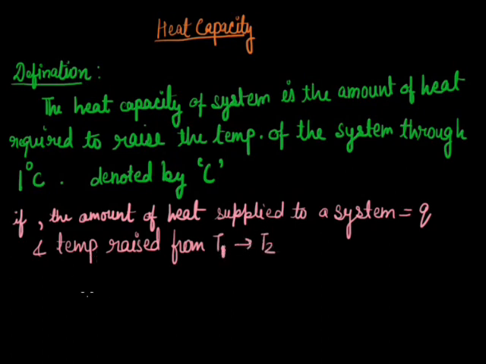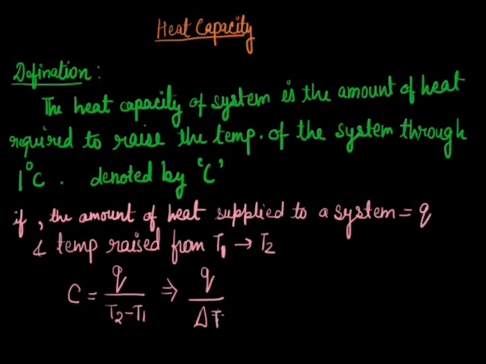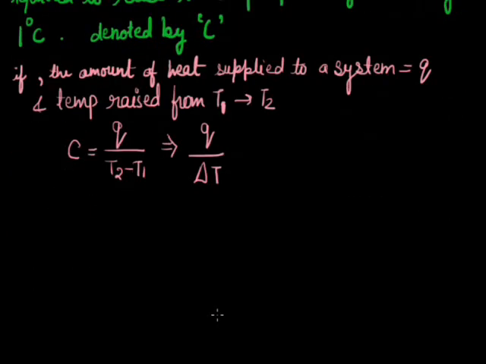At that time, the heat capacity of the system can be represented as C is equal to Q, the amount of heat supplied to the system, divided by T2 minus T1, the temperature change. We can write T2 minus T1 as delta T, the change in temperature.